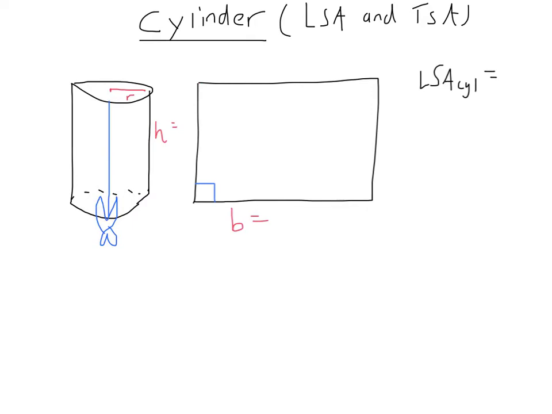But the base, you might ask yourself, how long is this? If you were to wrap it up, you would have the perimeter, or the distance around, otherwise known as the circumference of the circle. So what is the length of the base?